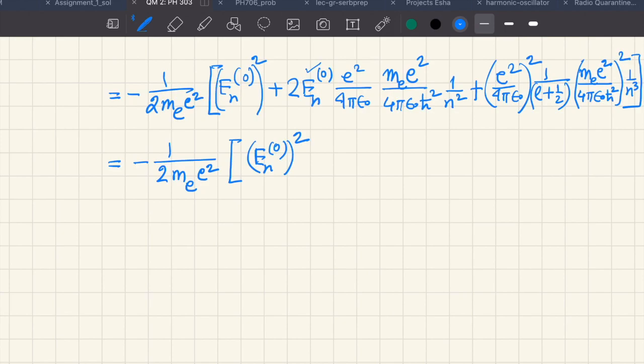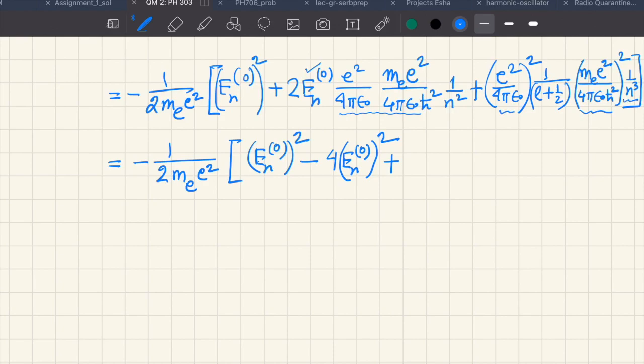So from this combination we can take out one expression of En0, so that will give us minus 4 En0 squared, and then plus, we again can write this using this and this and this.